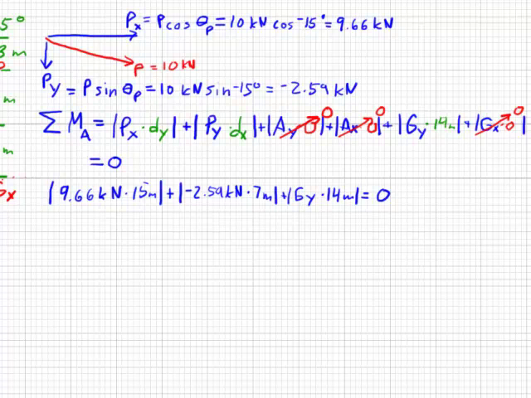One thing remains. We still need to find the directions of these moments. By convention, clockwise is negative and counterclockwise is positive. This 9.66 kilonewton force, Px, is going in this direction around point A. So that's clockwise.